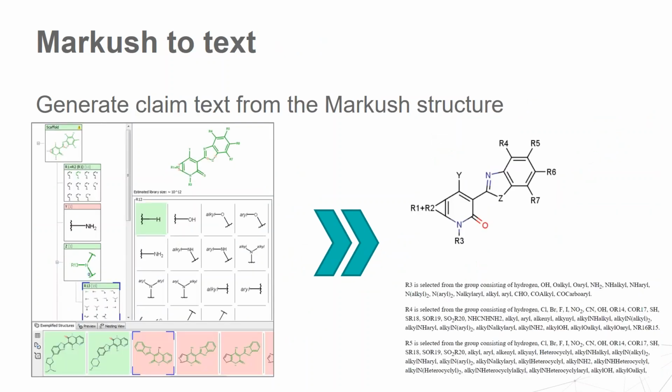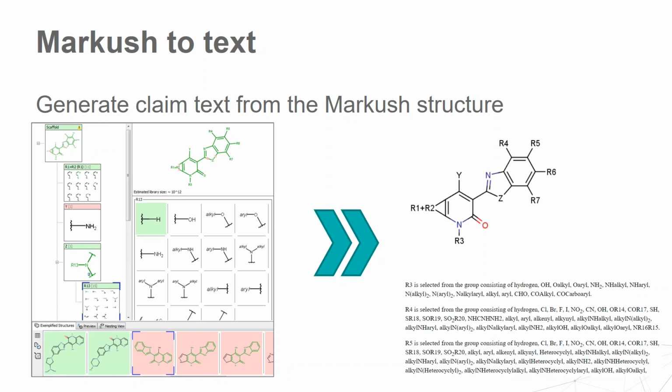We call it Markush to text, and Markush to text automatically generates a text representation of the original Markush. It does not aim to create a completely legally correct text. The goal here is to create the list of the R group definitions that can be used for drafting your patent.